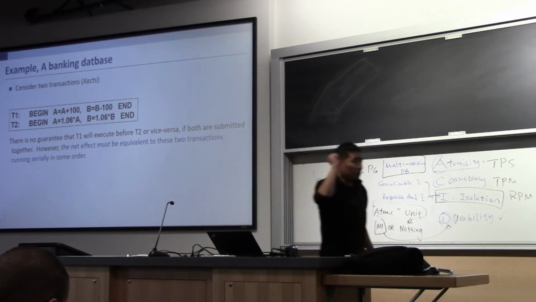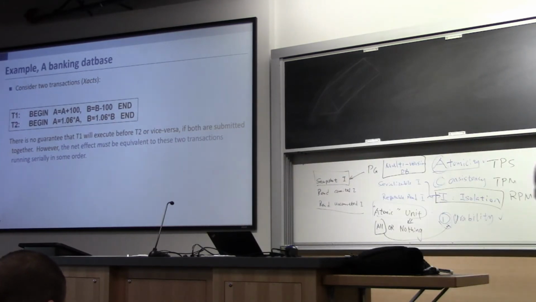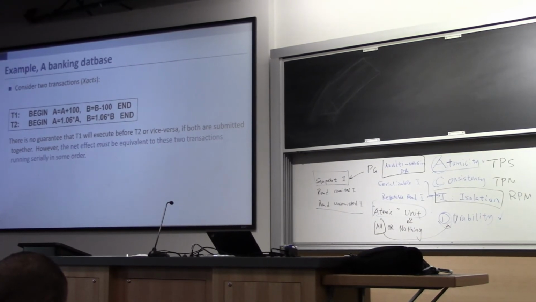Now I'm going to use this really simple example to demonstrate two things. One is the subtlety of this challenge. Secondly, to convince you that if you don't do this right, a lot of things in our society simply stop functioning.